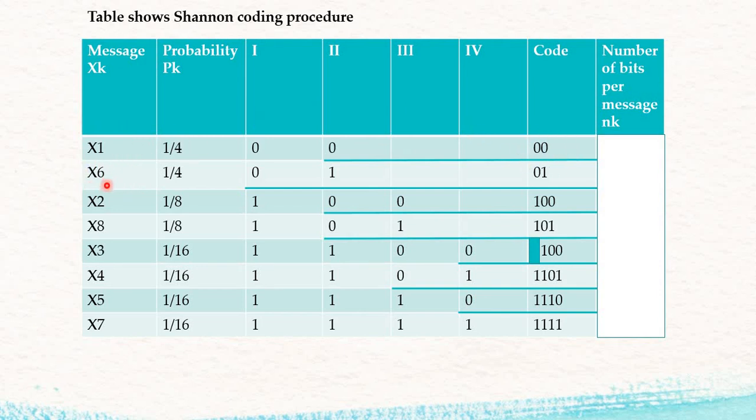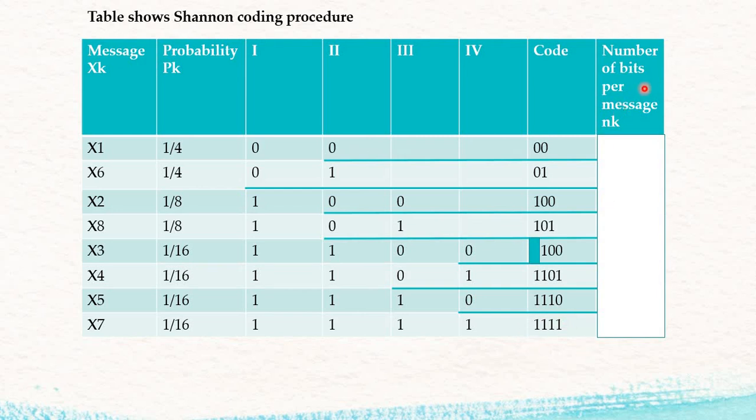Then for message x6, you have to follow the sequence of messages actually. So for message x6, the code comes out to be 0 1. For message x7, the code comes out to be 4 times 1, and again the same logic is applied over here. The message with the maximum probability is having minimum code word or minimum number of bits present in a code word, and the message with the minimum probability is having maximum number of bits present in a code word.